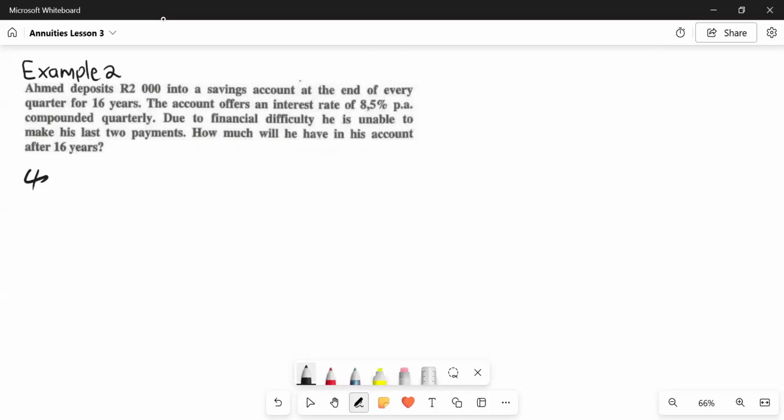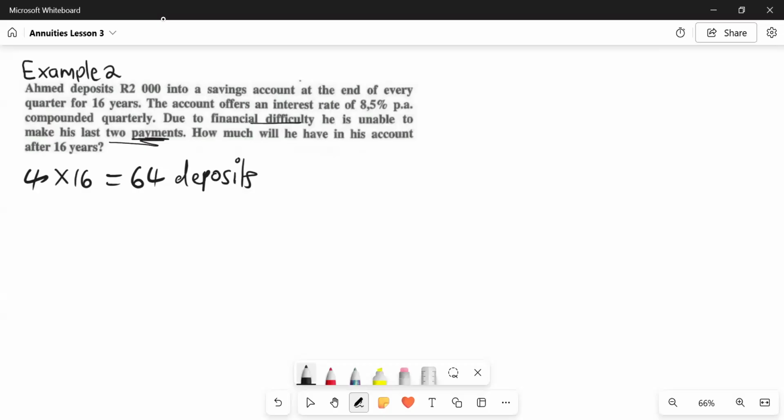Now for 16 years, we need to say 4 times 16 there. So basically we need to get 64 deposits, right? 64 deposits. But now they are saying due to financial difficulty, he is unable to make his last 2 payments.